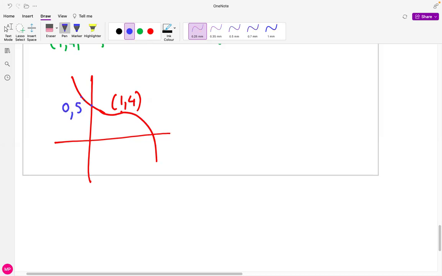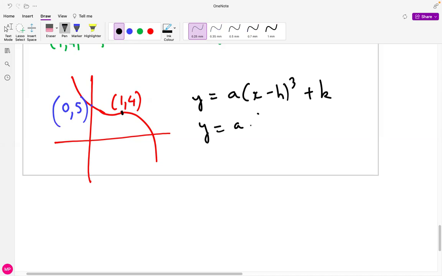Then they ask you to find the equation of this graph. Because it's in the turning point format with the point of inflection here, you would need to use this form y = a(x − h)³ + k, okay? Then (1, 4) will be h and k, y = a(x − 1)³ + 4.